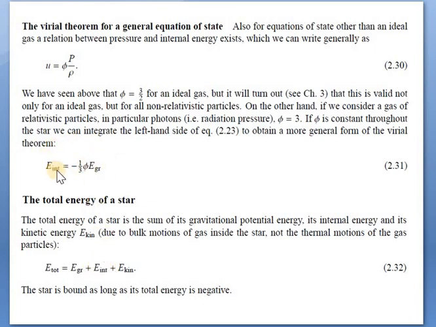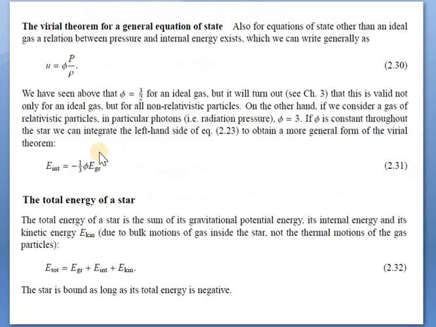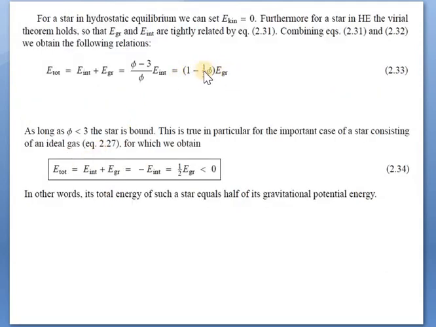Internal energy is related to the gravitational energy. So in the total energy term, we get two terms related to the gravitational energy. Fine. Now for a star in hydrostatic equilibrium, we can set the kinetic energy equal to 0. And as I have talked about, if we do this sum, instead of 3 we have got 2 terms. And if we use this previous relationship, then we get this value.